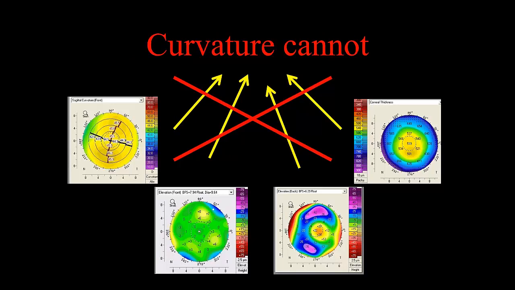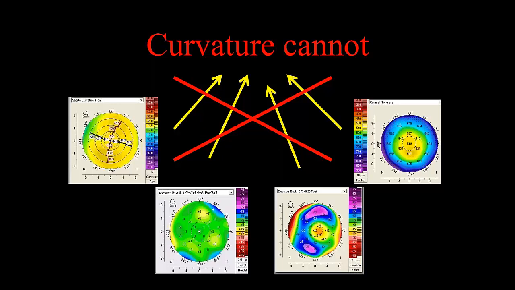Curvature cannot do that. Though a number of devices that measure curvature try to produce elevation, the only way they can do that is by making certain assumptions about the shape of the eye. Those assumptions don't work well in abnormal eyes and fall completely apart in eyes that are, let's say, keratoconic or post-refractive.